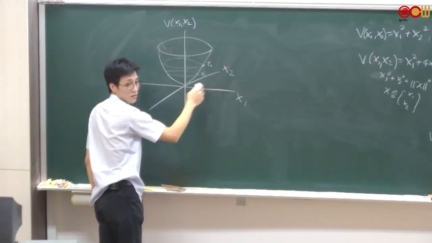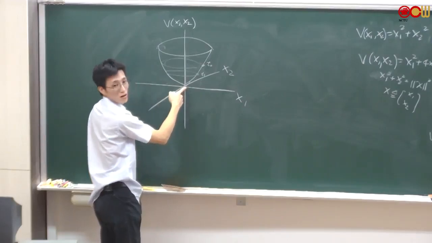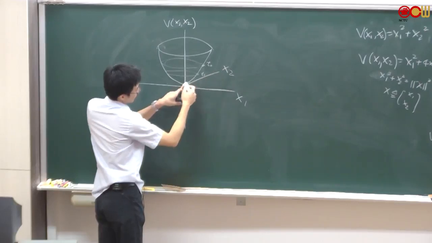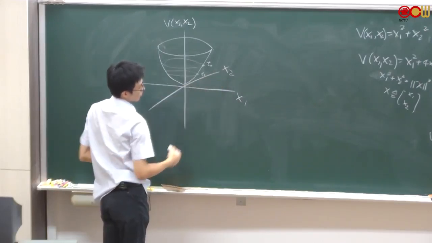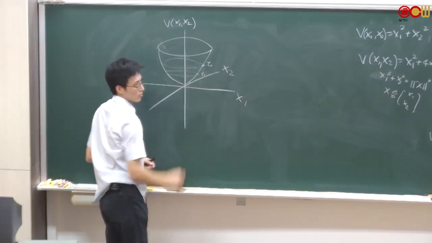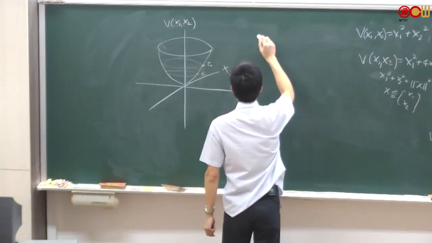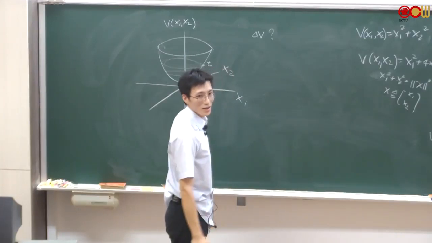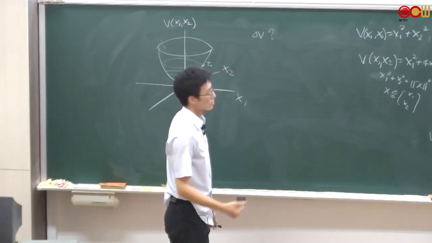It decreases with time. Eventually, v will reach 0, right? At 0, the only possibility for the location of the argument is at the origin. So how did you find delta v with time? You can use the chain rule.